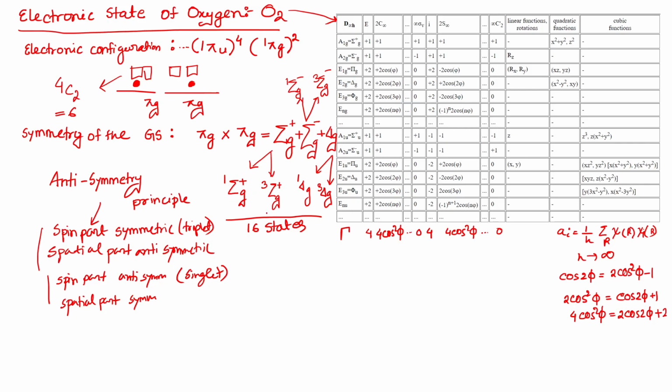For these two cases, sigma plus G, the spatial part is symmetric. Then what is going to be my spin part? It should be antisymmetric.